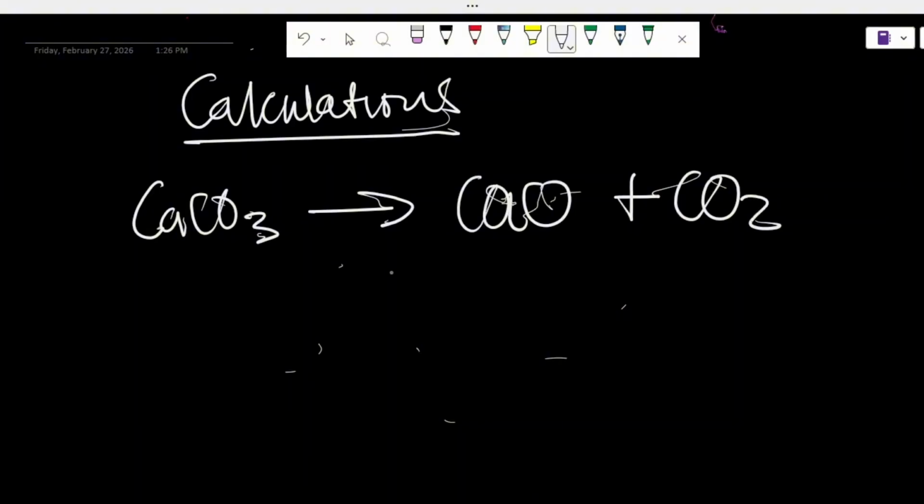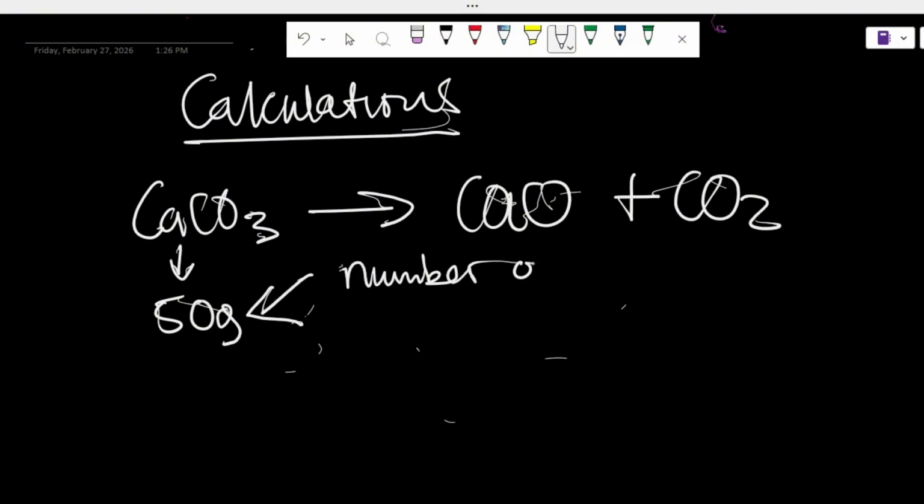Now, let's say that the mass of calcium carbonate is actually 50 grams. Now the question is, find the number of moles in these 50 grams of calcium carbonate. Find the number of moles.